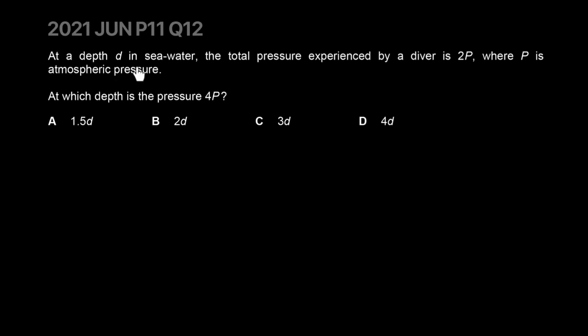At a depth of D in seawater, the total pressure experienced by a diver is 2P, where P is the atmospheric pressure. At which depth is the pressure 4P? So this is interesting.